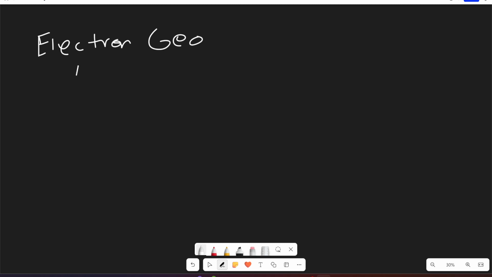So for geometry we have a couple of different shapes. For electron geometry, we simply look at the number of electron domains, which can also be called the steric or coordination number. I just like to say electron domains.